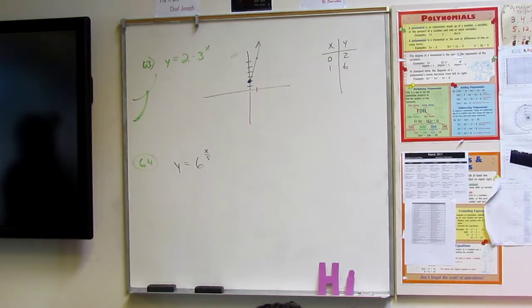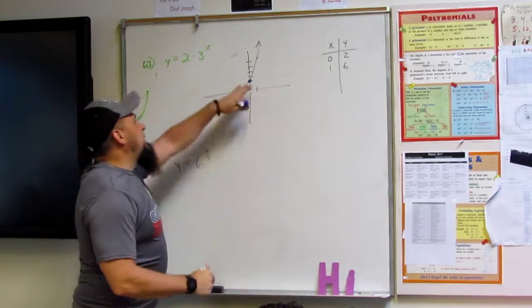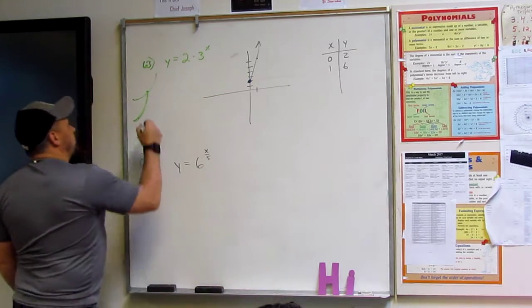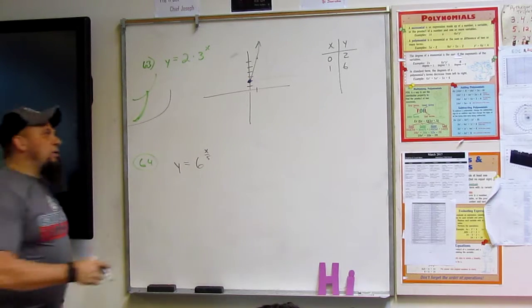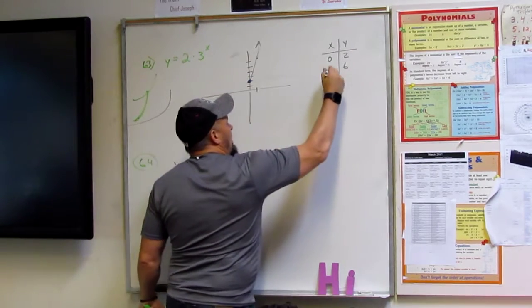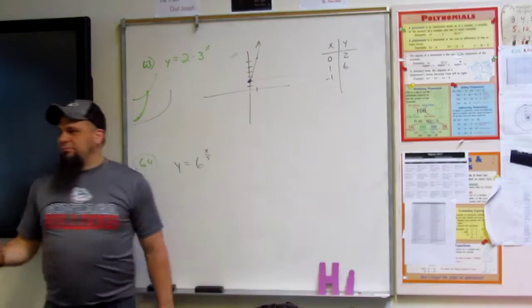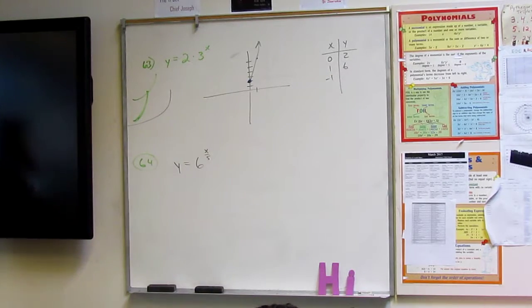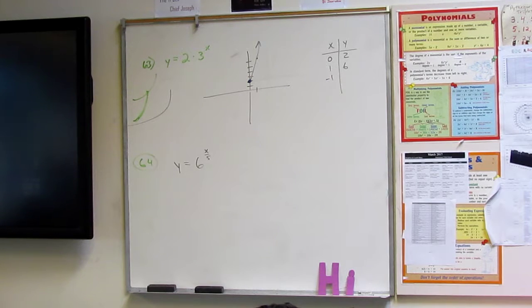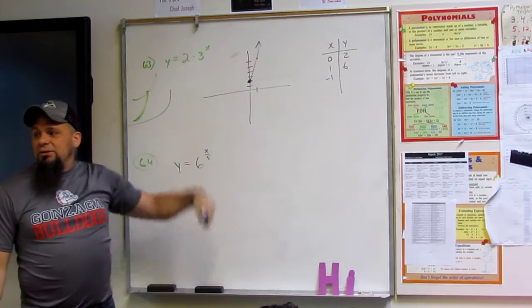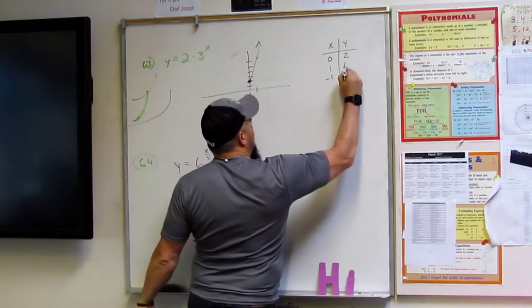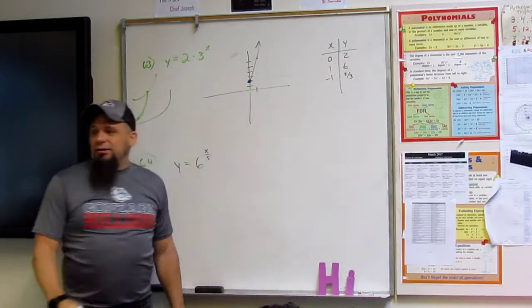Now, let's plug in another easy number, but on this side of the graph, because remember, this should look like that. So how about a negative 1? What is 3 to the negative 1? A third. Very good. So, 1/3 times 2? 2/3, right?